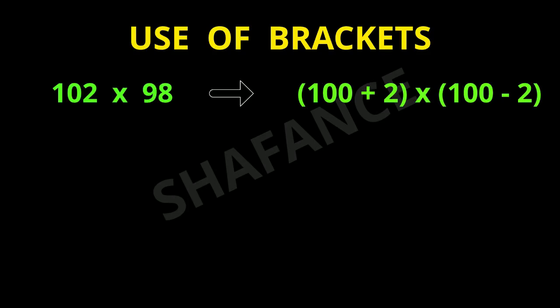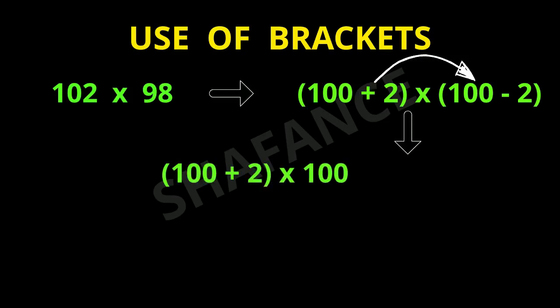Now what we'll do is we'll multiply the first bracket, that is 100 plus 2, into the first digit of the second bracket, that is 100. So now what we get is the bracket 100 plus 2 multiplied by 100. And then there is a minus sign after 100.